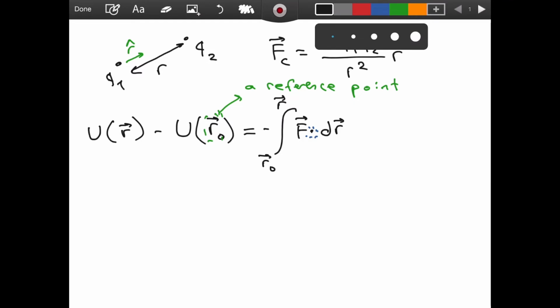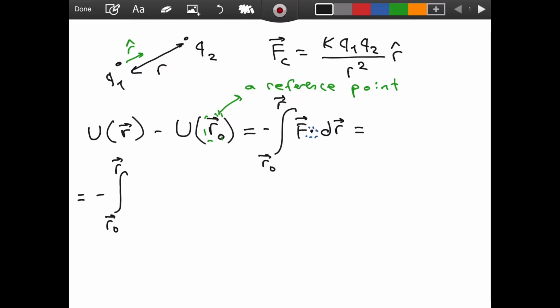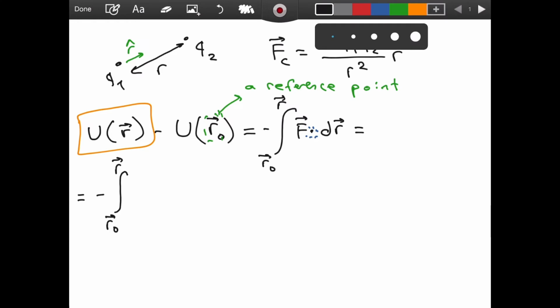So this is great. Now let's continue. We will have again the negative sign and then r naught to r. And by the way, notice that this is what we're trying to find: the electric potential energy at a point r. So never forget what we're trying to do.